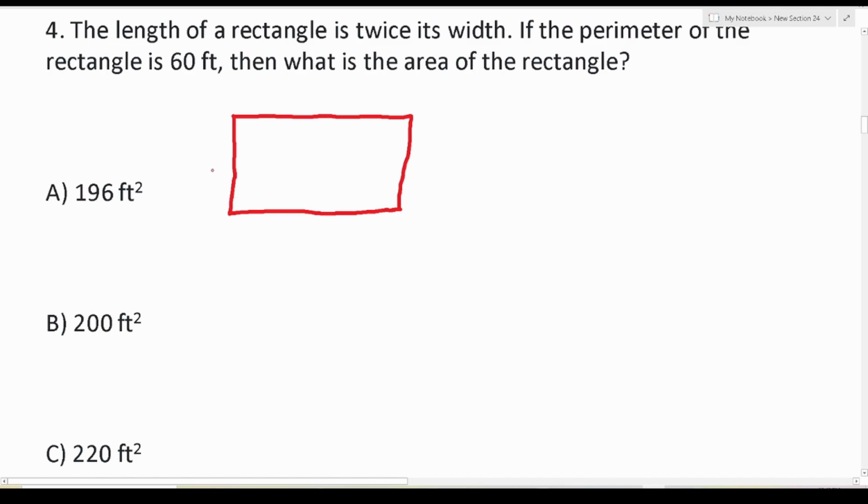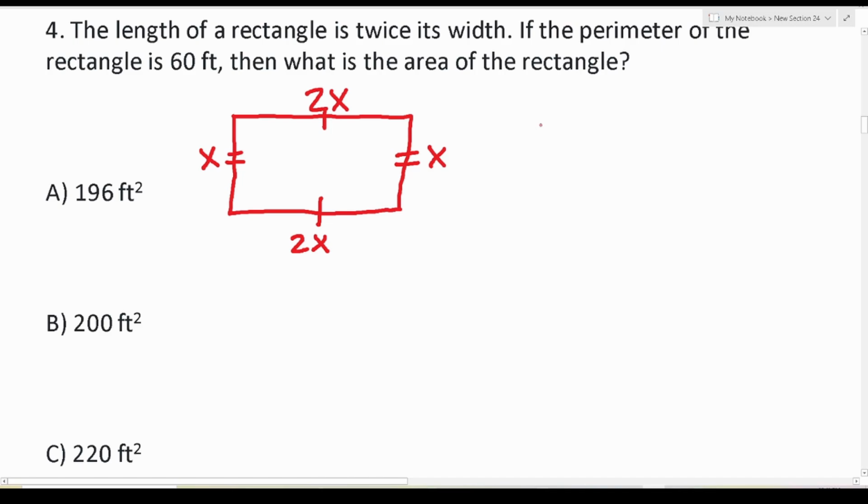So let's represent that. If this rectangle has a width of x, that means its length is twice that, so that would be 2x. And again, in a rectangle, this side is equivalent to this side. So if this is 2x, this is 2x, and if this side's x, this side's x.